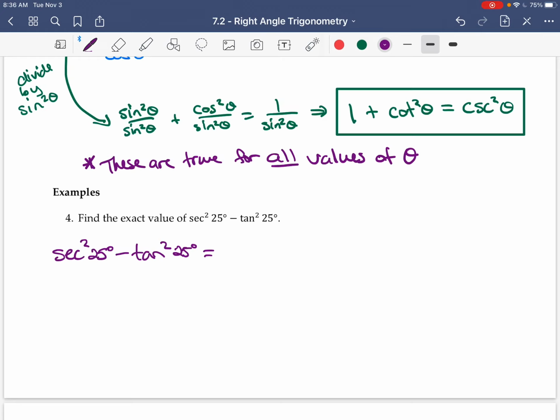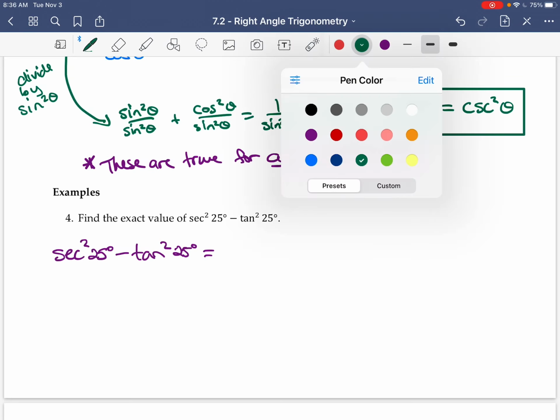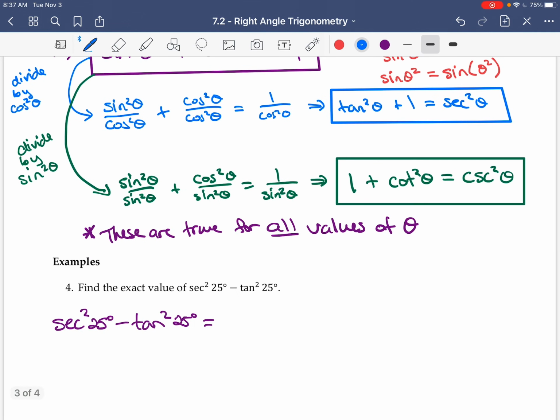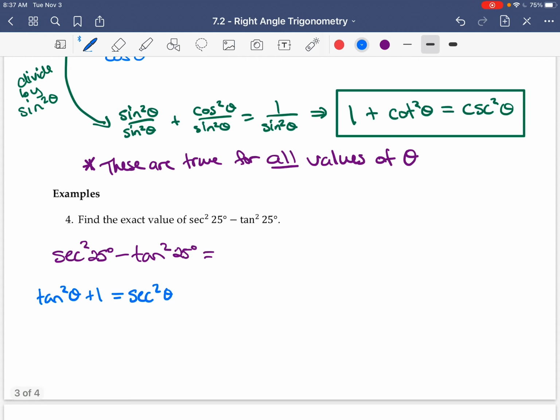So I'm just going to write down here. So this is the blue one. So let's switch to blue. So we know tan squared theta plus 1 is equal to secant squared theta.